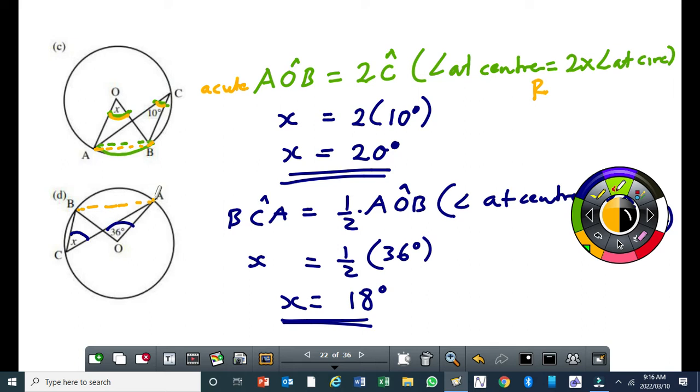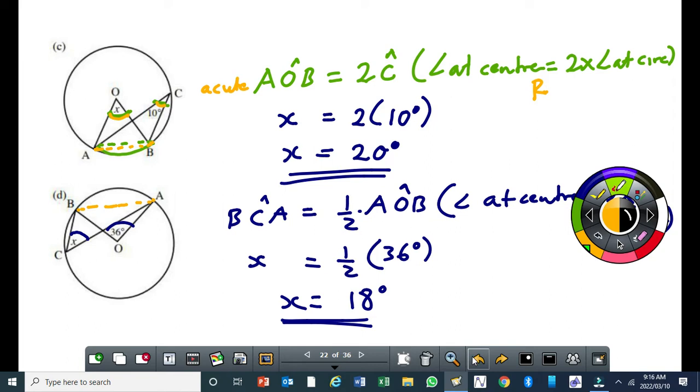Right? So here, BAC is equal to half of AOB. Sorry, I made a mistake, it's supposed to be the other way.